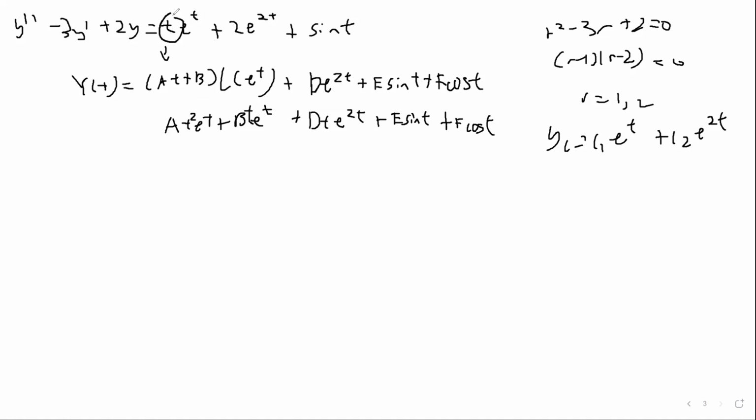So we use the table on t to get at plus b, and e to the t, and e to the 2t, and sine t. Every function of t, yes. Whether it's multiplied or added, whatever, needs to be plugged into the table. And then you have to simplify afterwards. Yep. Okay, any other questions?